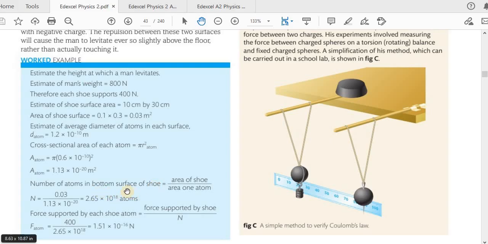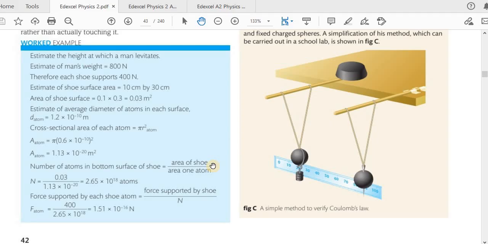Then the number of atoms in the bottom surface of the shoe is the area of the shoe divided by the area of one atom. Area of one atom means the cross-sectional area. So this will give us the number of atoms in the bottom surface of the shoe. It is simple mathematics, ratio and proportion is used here. Area of shoe divided by the area of atom will give you the number of atoms.